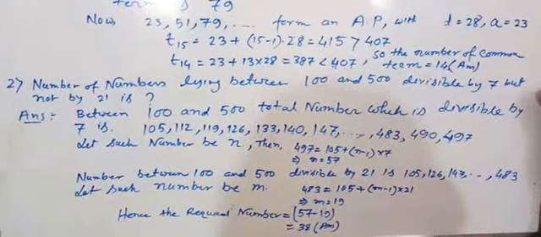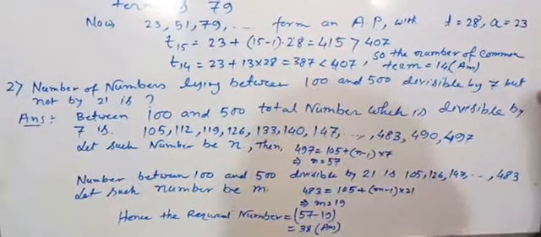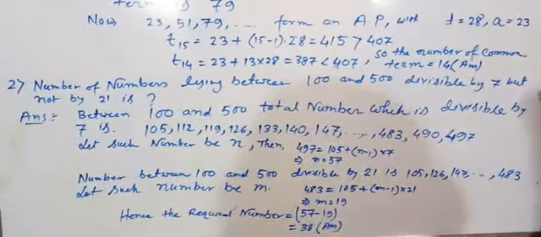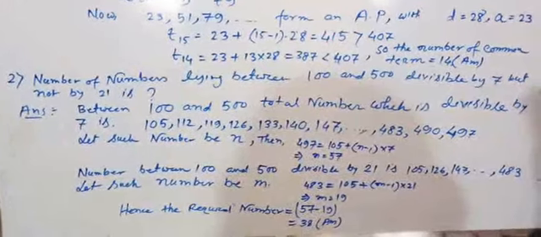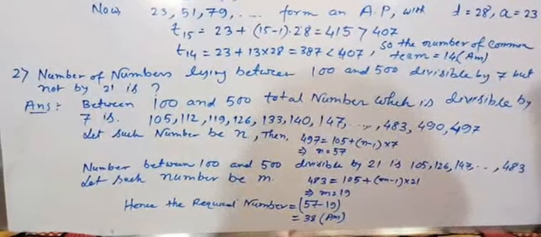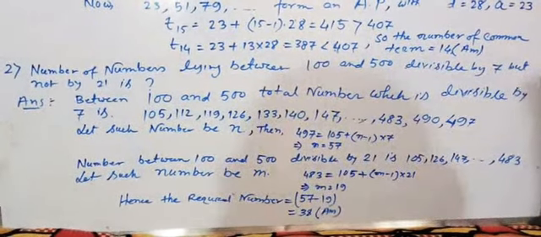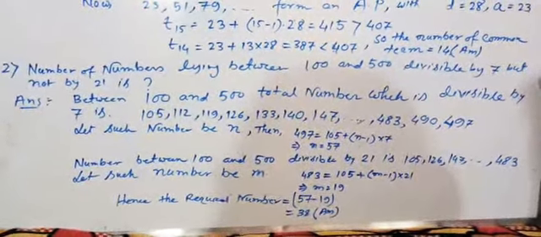Then 497 equals 105 plus (n minus 1) times 7, taking the common difference as 7, so n is equal to 57.